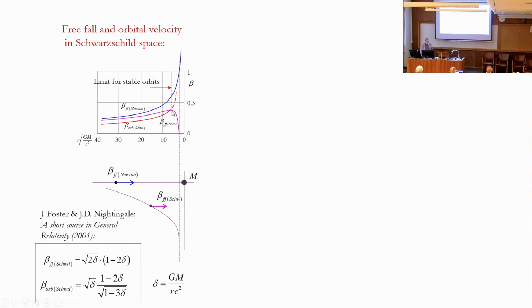When we go to 6 times, or 3 times the Schwarzschild critical radius, then the orbital velocity exceeds the escape velocity, and that's what I interpreted to be due to the equivalence principle, which requires extra energy for making kinetic energy.